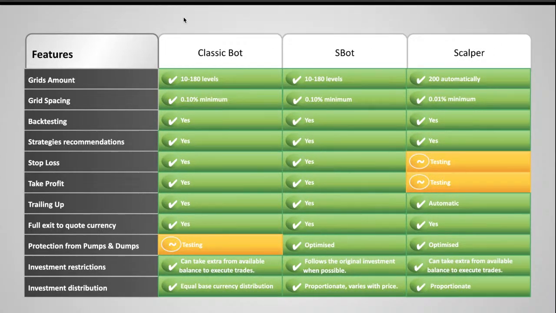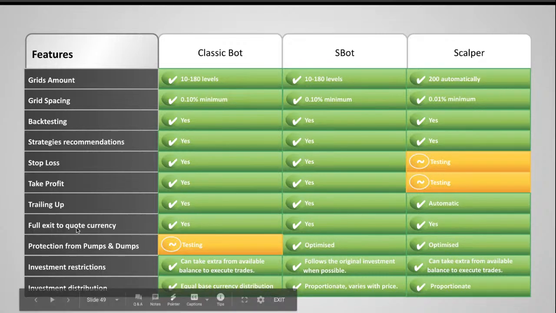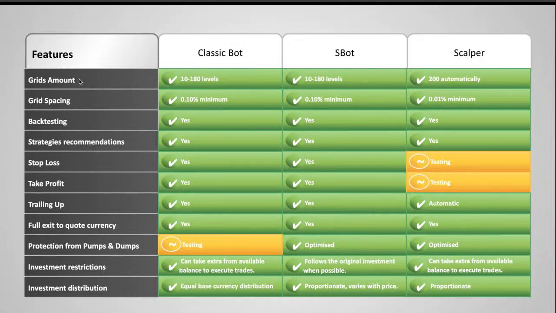Now comes the difference. You see that when it comes to optimization of backtesting, strategies recommendations, stop loss, take profit, trading up functions, all of the bots have these features. What makes them different is, first of all, the amount of grid levels.